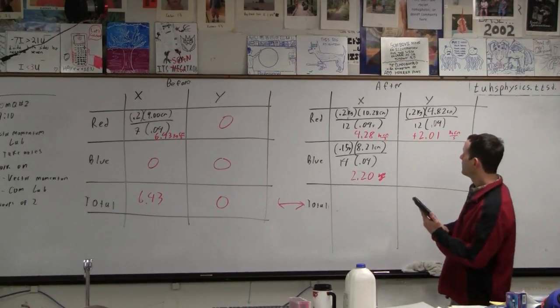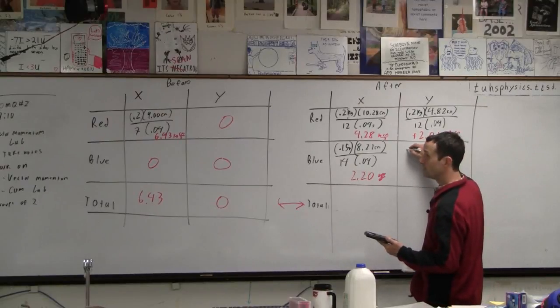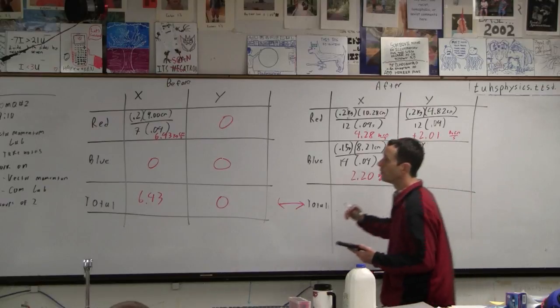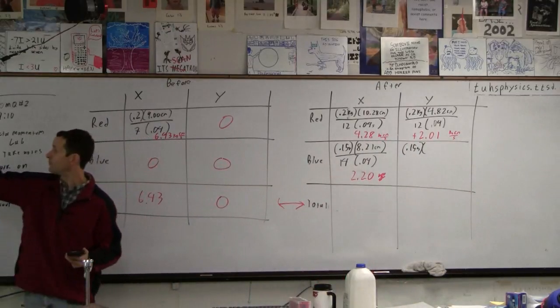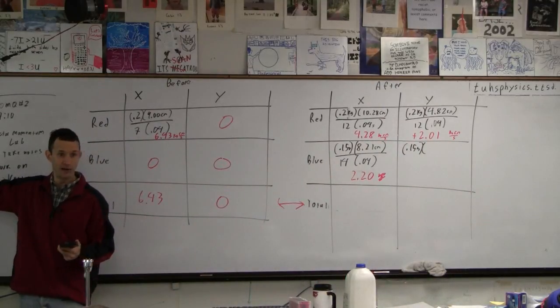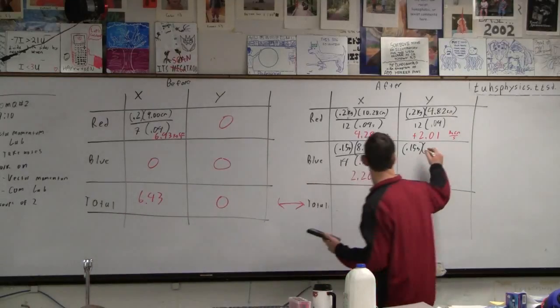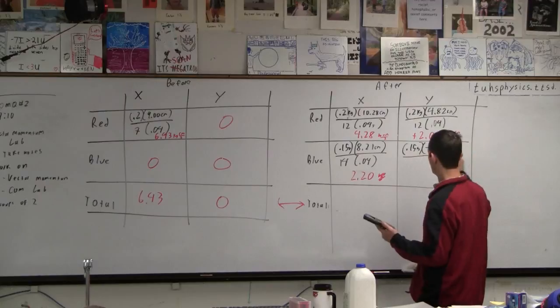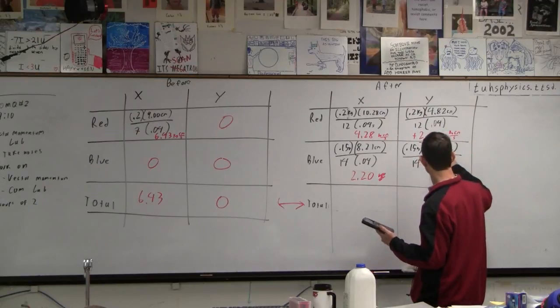And then the y momentum is going to be 0.15 kilograms, and then the y distance was negative 7.53. That is, it went down, right? So negative 7.53, divided by the same thing, 14 times 0.04.